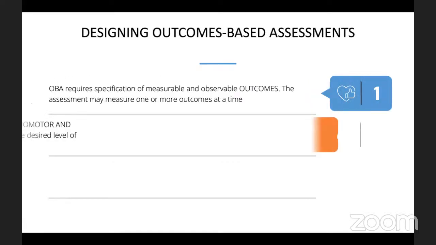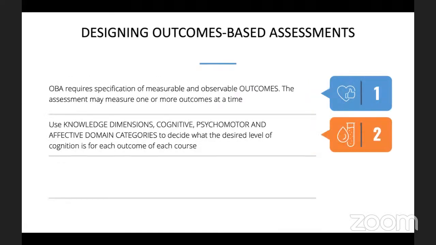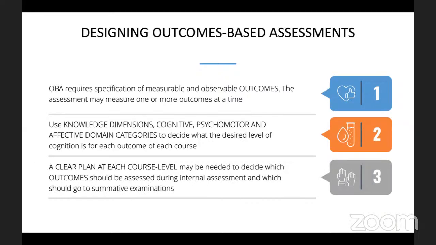So now we have designed the course outcomes. The last part is designing the questions. So what is required to design the questions? There are 3 components. Outcomes-based assessment requires the specification of measurable and observable outcomes, which we have designed. The assessments may measure one or more outcomes at a time.